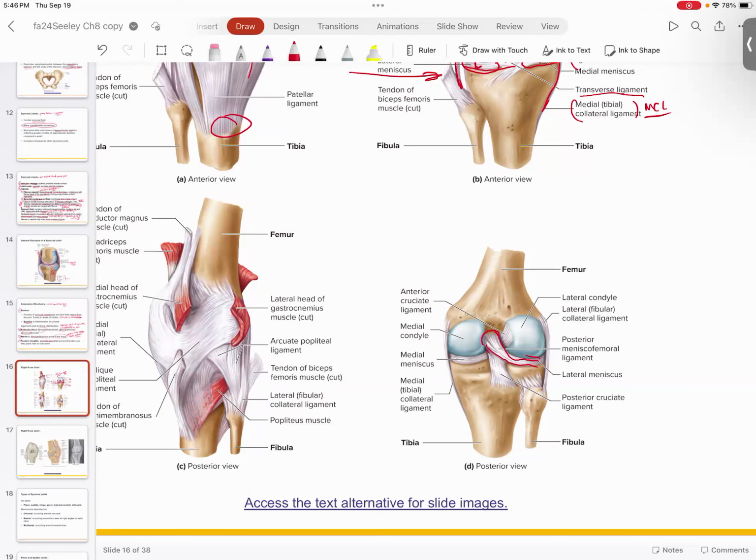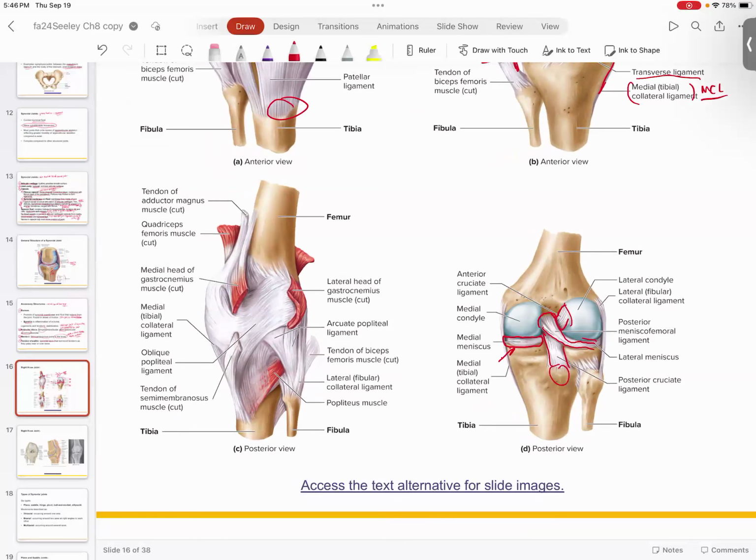Underneath, you're going to see the posterior cruciate ligament that's connected to the backside of the tibia. And then you can see the anterior cruciate ligament connected to the lateral condyle, which goes around front to connect to the tibia. From this direction, you can see very clearly the pad-like medial and lateral meniscus structures in your knee.